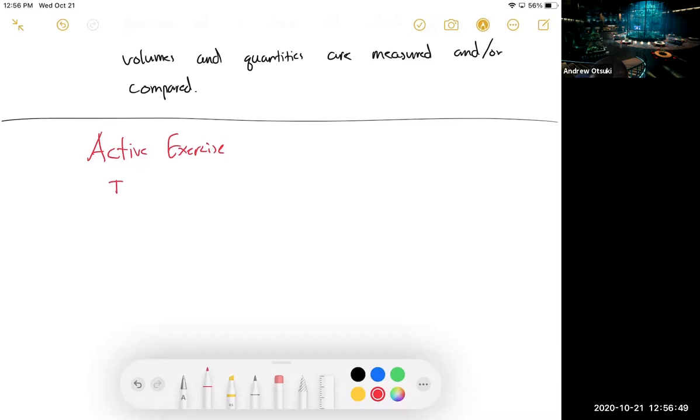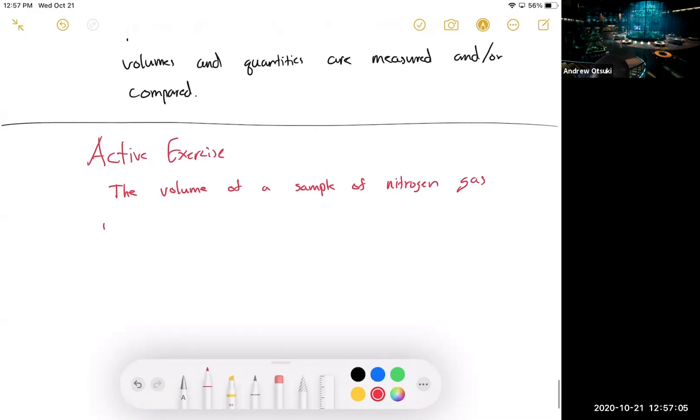So guys, the volume of a sample of nitrogen gas is measured as 3.62 liters when it is at 0.843 bar and 16 degrees Celsius.